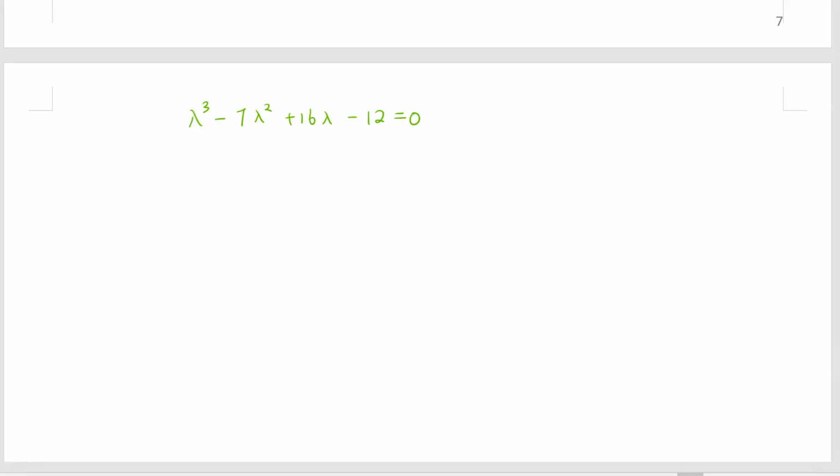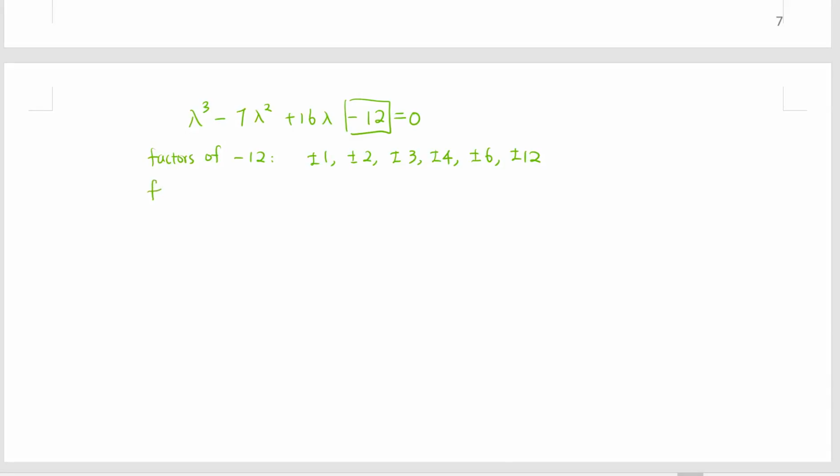Let's look at the factors of the constant term. The constant term is negative 12. Well, that's plus or minus 1, plus or minus 2, plus or minus 3, plus or minus 4, plus or minus 6, plus or minus 12.